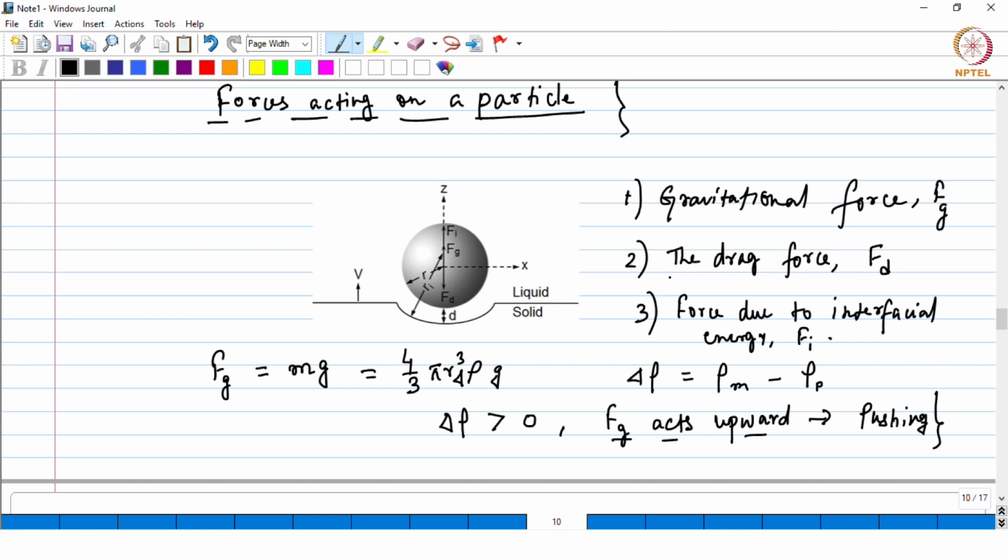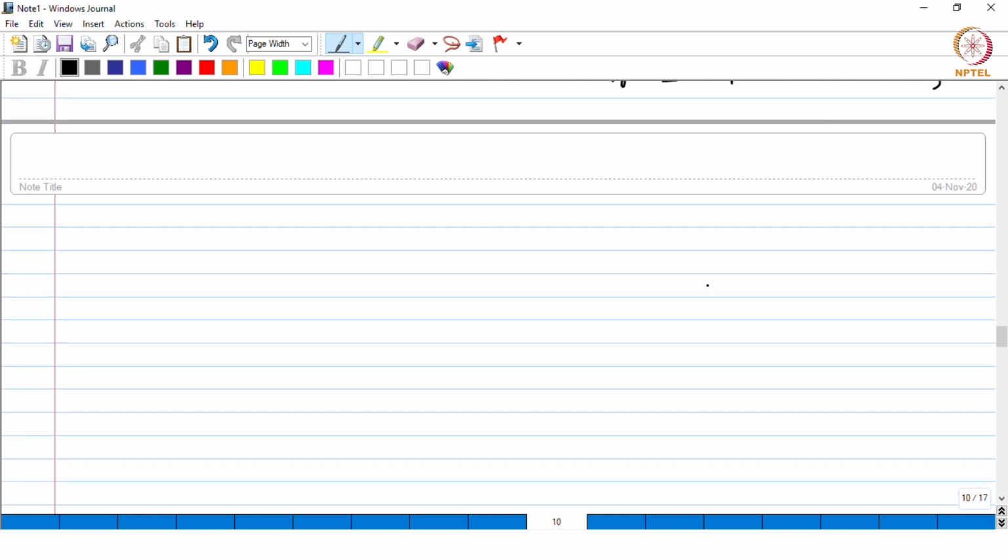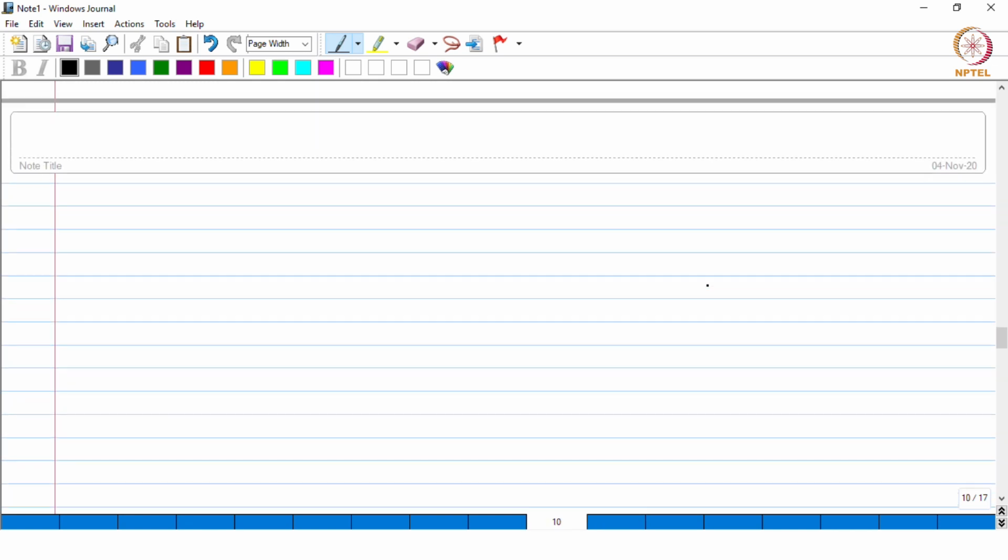Now let us come to the second one, that is the drag force. And that will be given by the Stokes law.